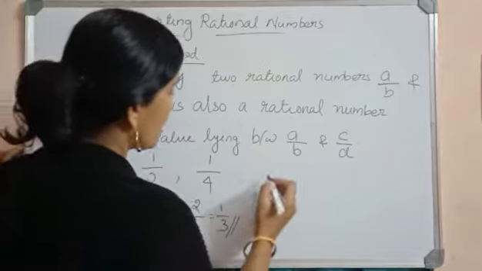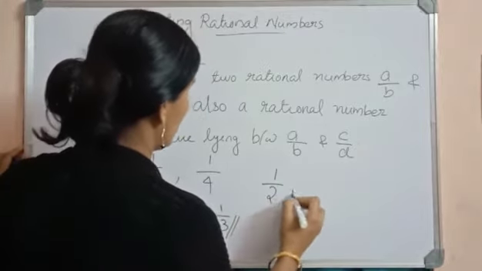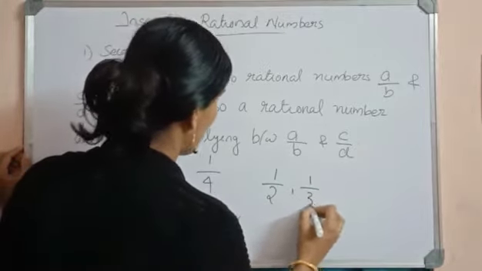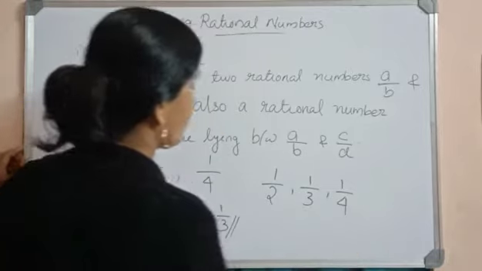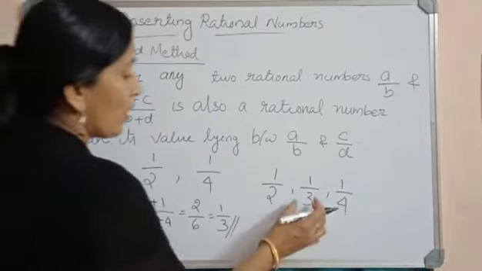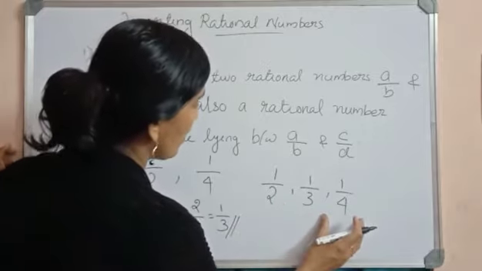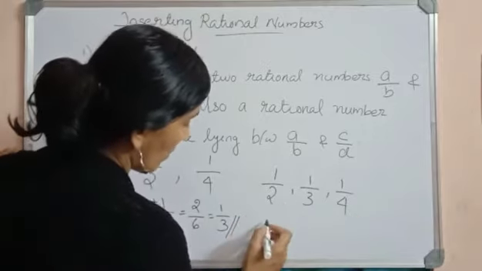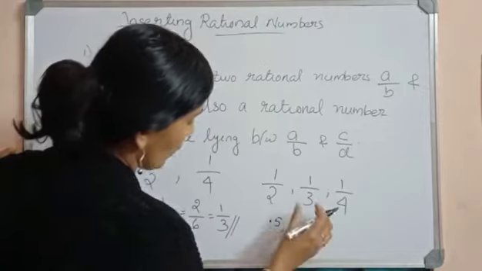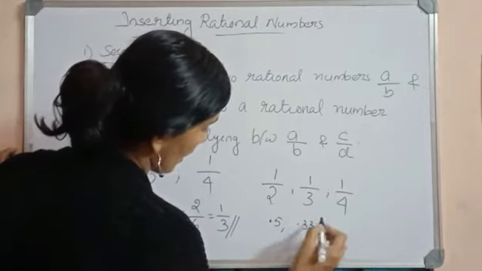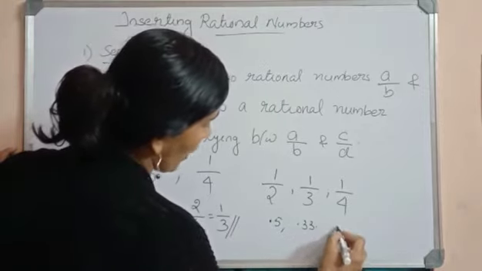Now if you consider this, 1 by 2, 1 by 3 and 1 by 4 will be the rational numbers, and this 1 by 3 will be between 1 by 2 as well as 1 by 4. We know the value of 1 by 2 is 0.5, 1 by 3 is 0.333 and so on, and 1 by 4 is 0.25.